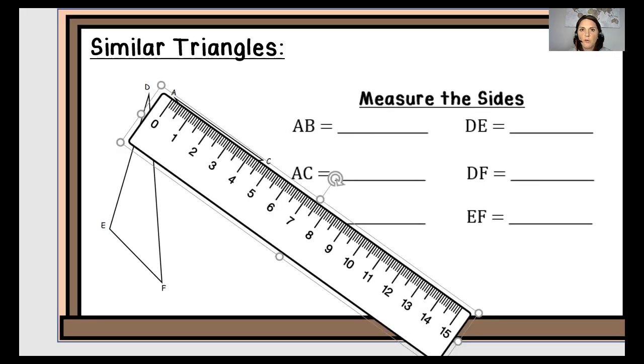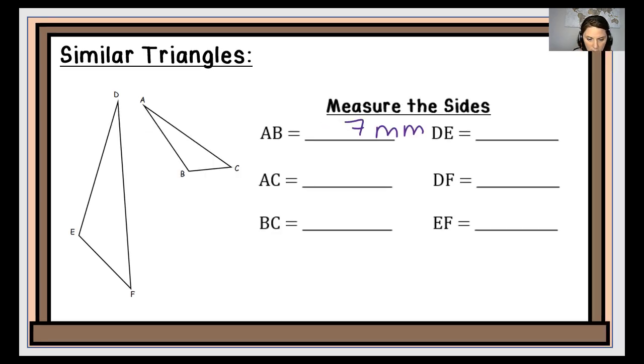Okay, once I have my ruler lined up, I can see that AB is 47 millimeters or 4.7 centimeters. Okay, go ahead and measure the other side lengths, please.